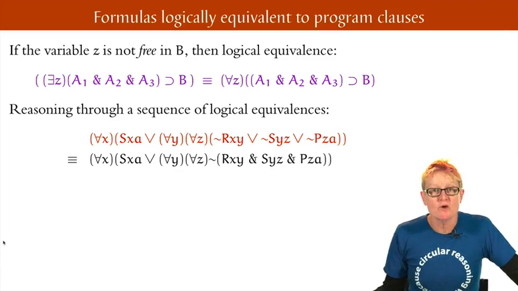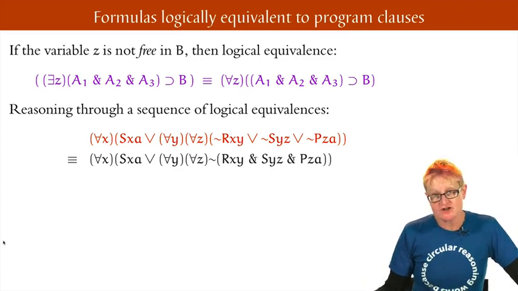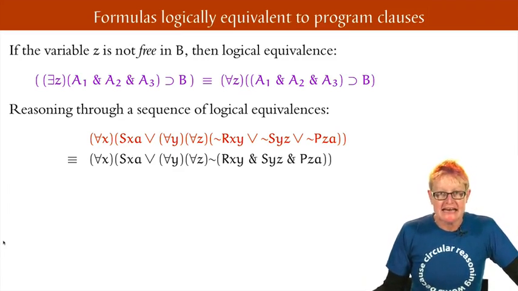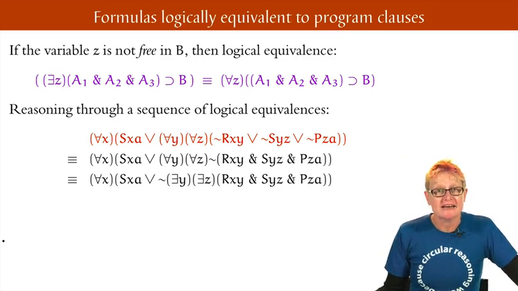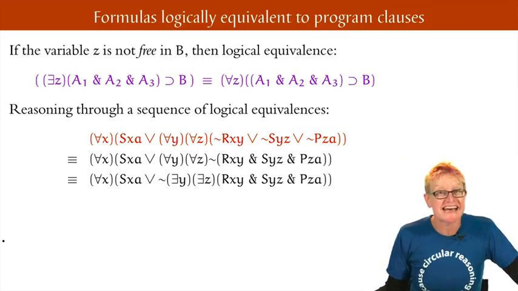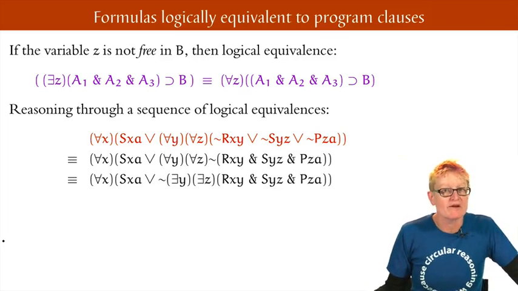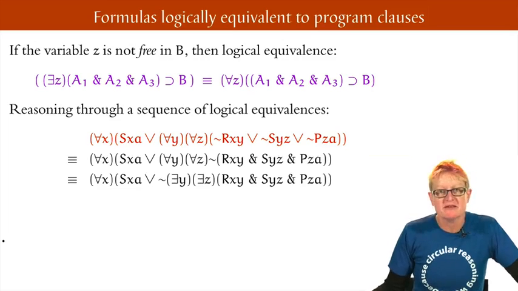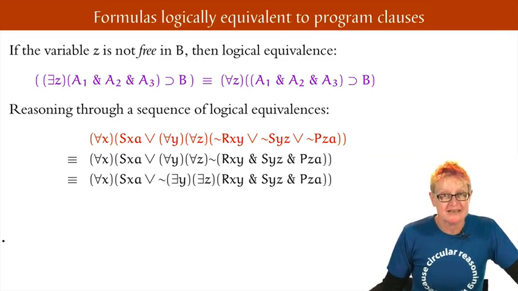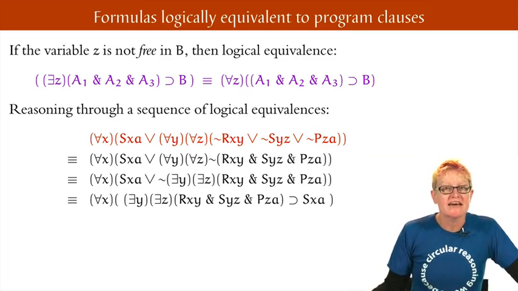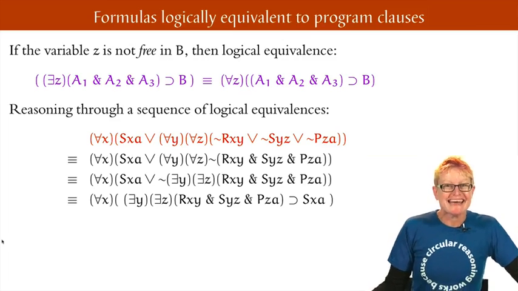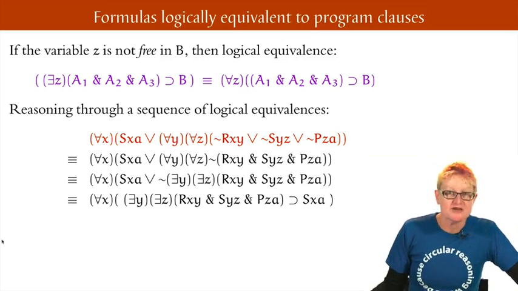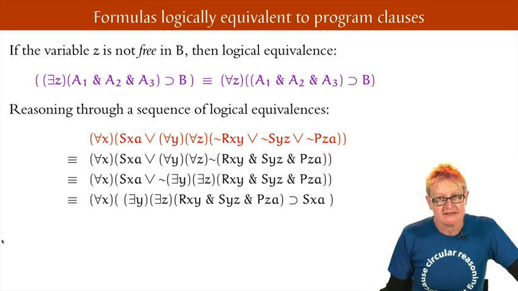First step, use De Morgan's law to rewrite the disjunction of negations as a negated conjunction. Next, we are aiming for a conditional, so pull the negation outwards through the quantifiers, in the process flipping them from universal to existential. We can now apply the material conditional equivalence to get a conditional with existential quantifiers in the antecedent.